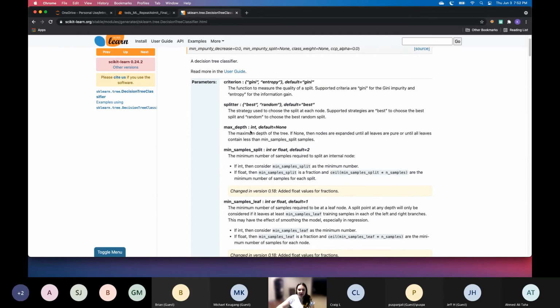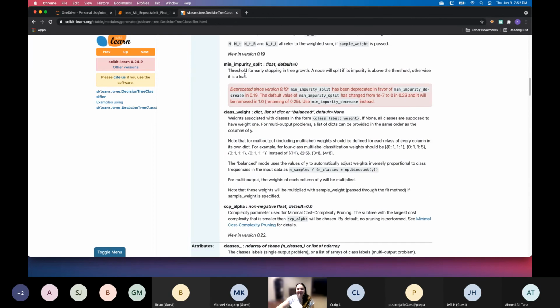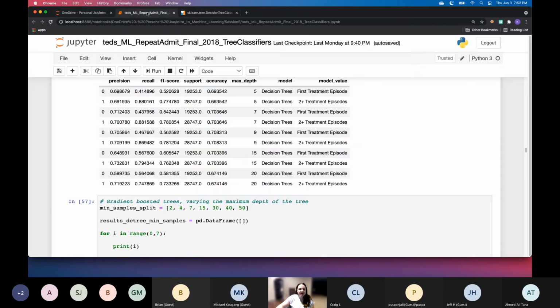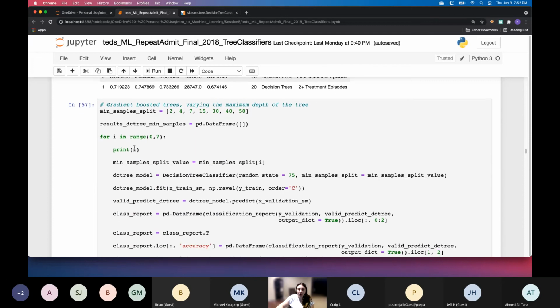So there are a bunch of different options. This is why trees are so hard, because you can see going down, there's a lot of different options. So we have those minimum samples per split. I tried a lot of different ones here because as we went up, it kept getting better and better and better, and I wanted it to drop off so there could be an example.